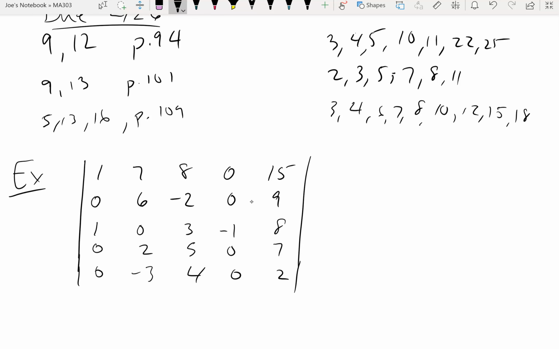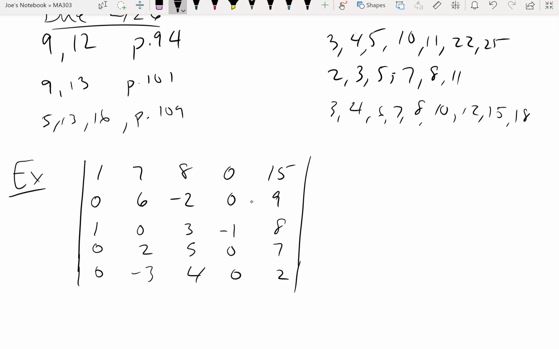Now, think about it. I got 5 choices for the first row, but once I make a choice out of the first row, I can't repeat a column, so I only get 4 choices for the second. And then I can't repeat the column from 1 or 2, so then I get 3 choices for the third, right? For making these products, and so on down the line.